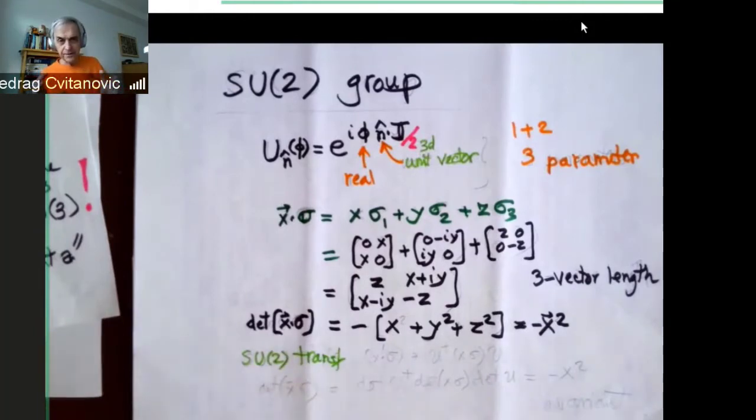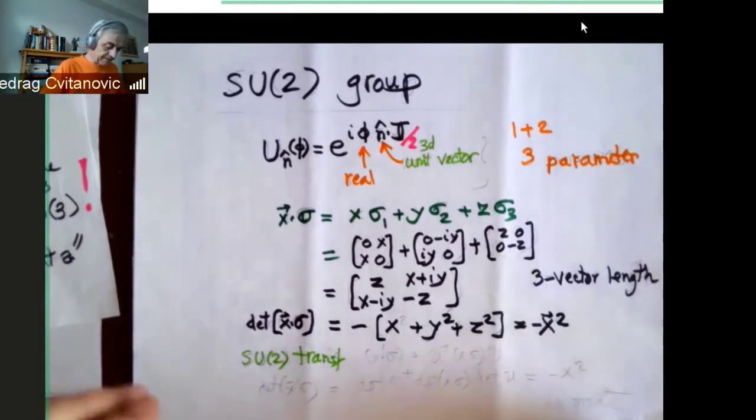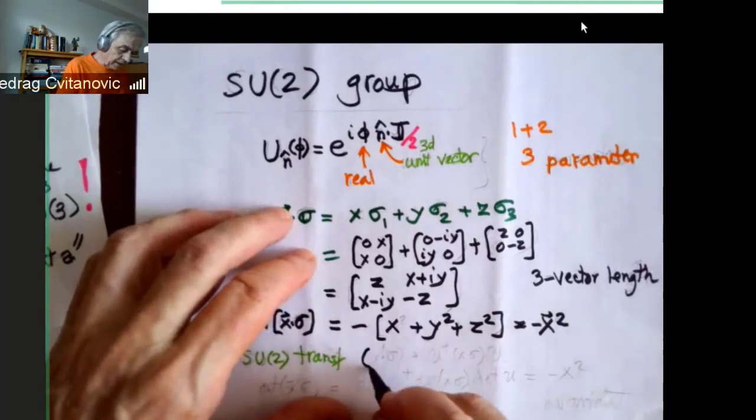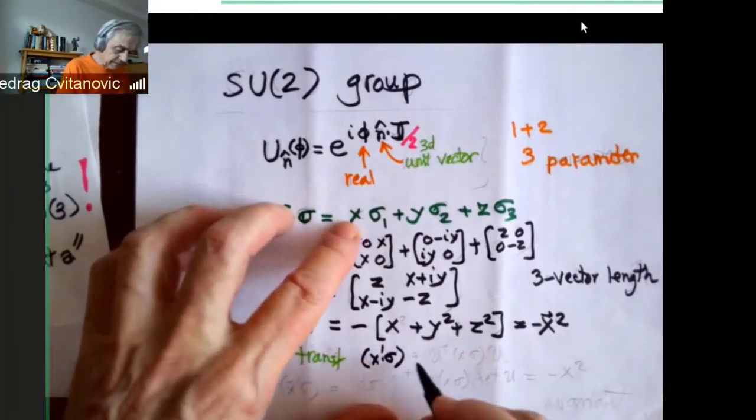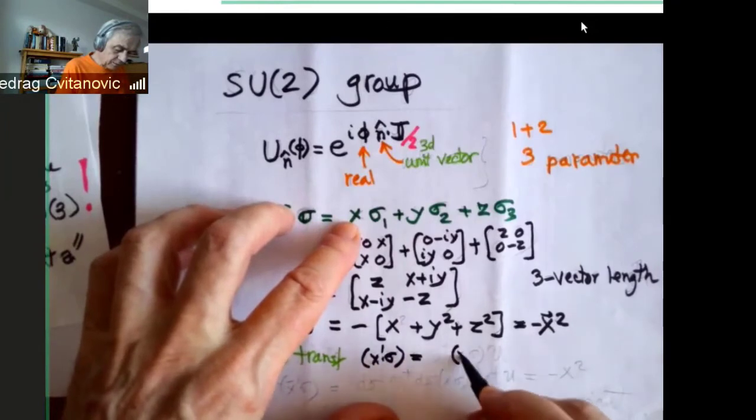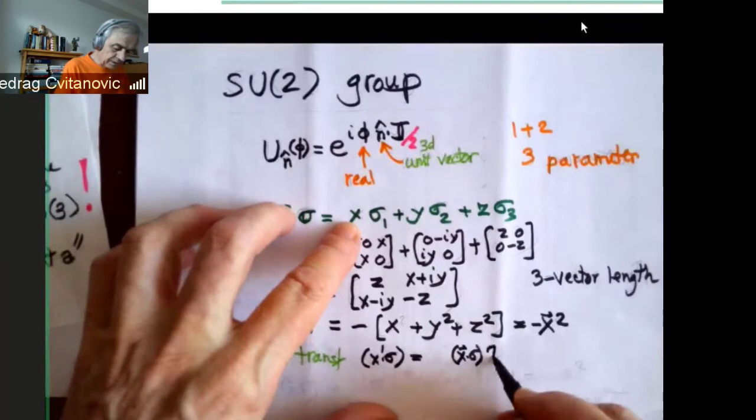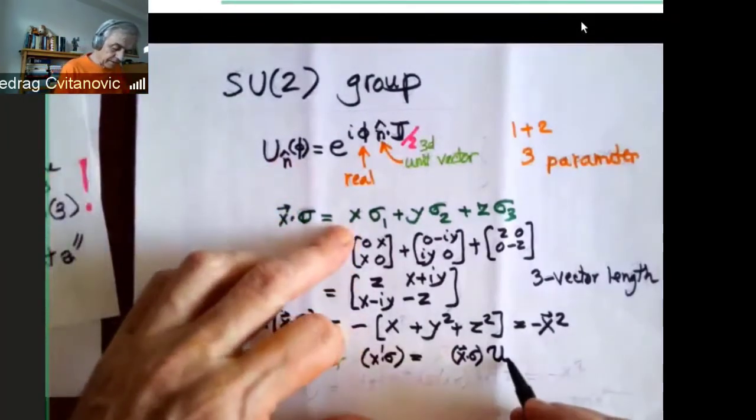So the way the matrices transform, on the right index you have to multiply by the group element. On the other one, the inverse, it's like a similarity transformation, which means that the new value of x dot sigma, x prime, after transformation, is given by the old matrix, with a unitary 2x2 transformation applied from the right.